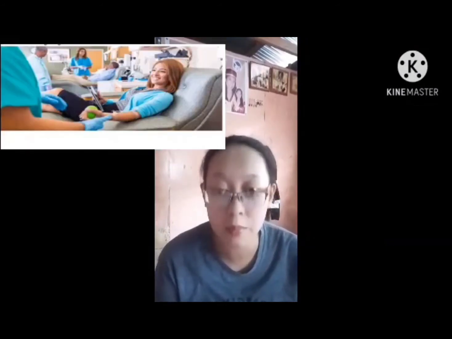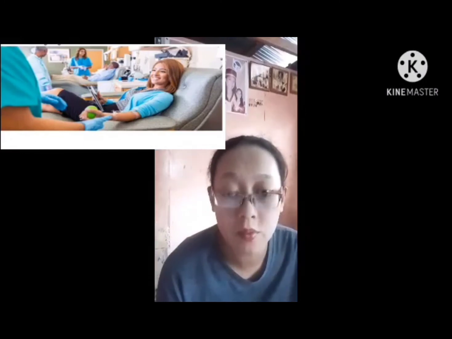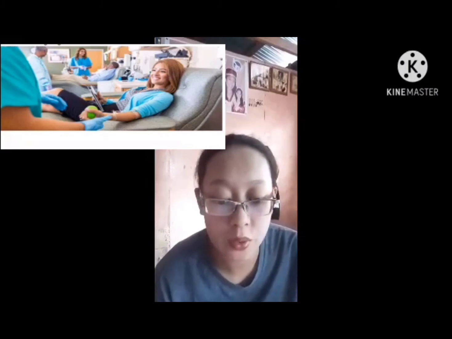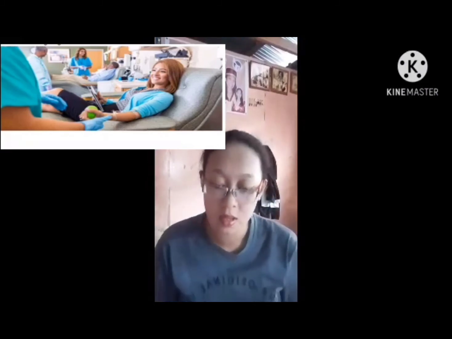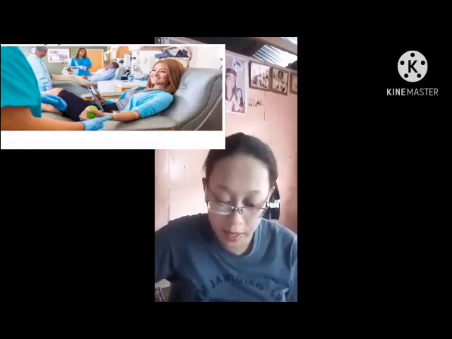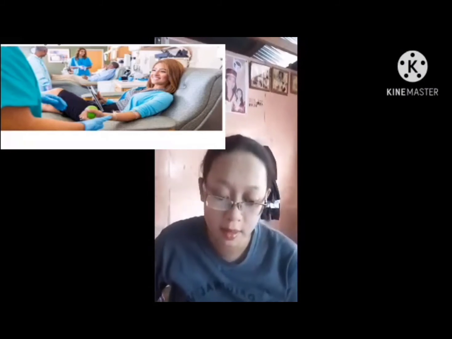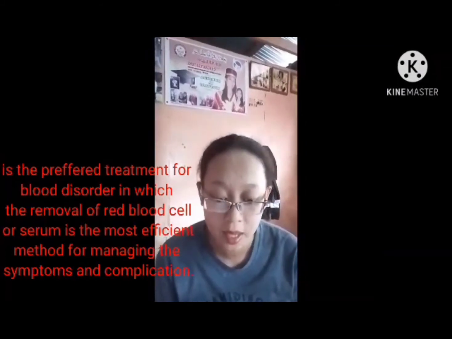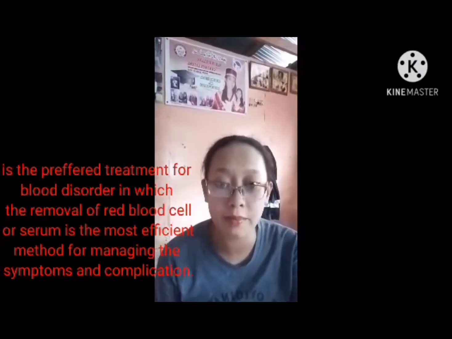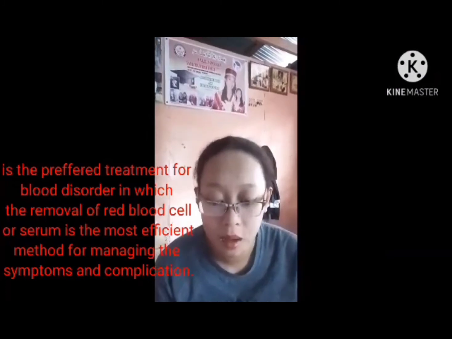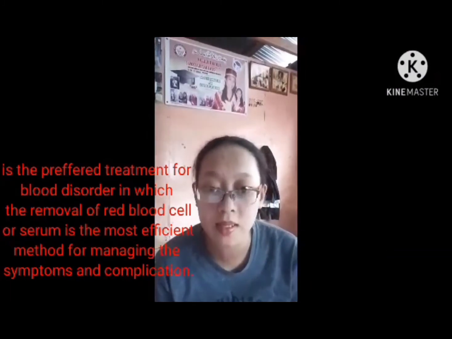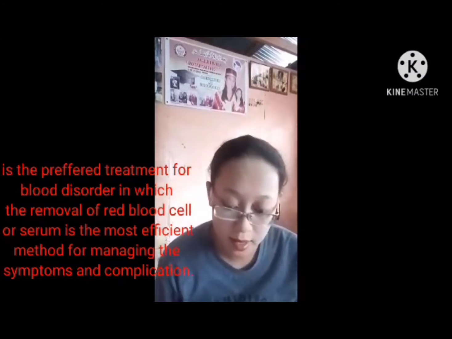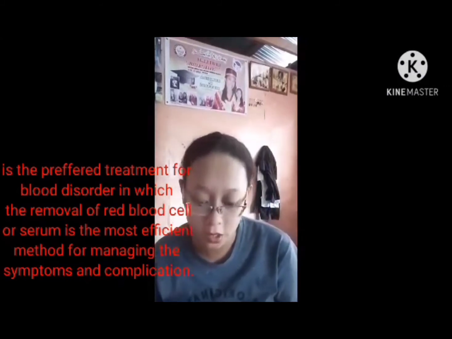Therapeutic phlebotomy is the removal of a certain amount of blood under controlled conditions. It is the preferred treatment for blood disorders in which the removal of red blood cells or serum is the most efficient method for managing the symptoms and complications.